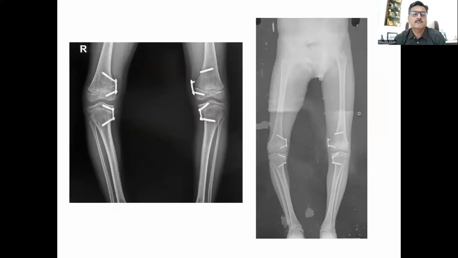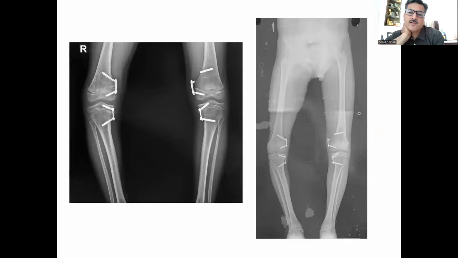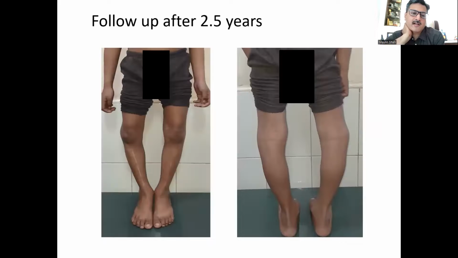When we ordered a scanogram, we could see there is a screw breakage on the left side. The metaphyseal screw has broken. And this was his scanogram. My questions are, what are the possible reasons, sir, for screw breakage, and what will be the next plan of management?